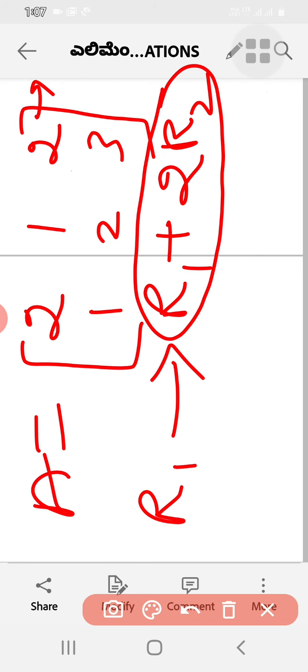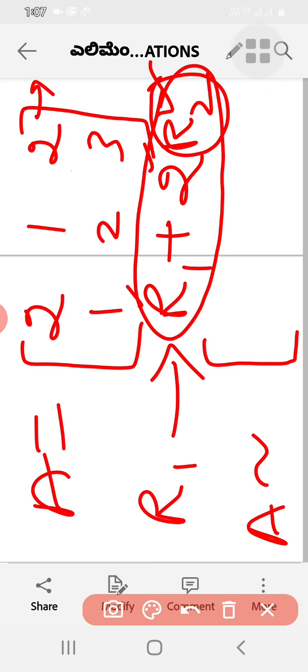What am I doing here? I am multiplying every element of the second row by 2 and adding that to the elements of the first row. So that is R1 plus 2R2. So this matrix becomes, operating on the first row, we have to write the second row as it is, 1, 2, 3.